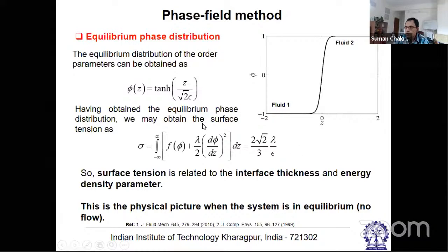This expression is important because from this equilibrium description, the parameters lambda and epsilon can be related to the parameter sigma.